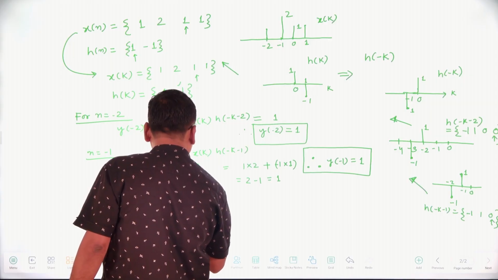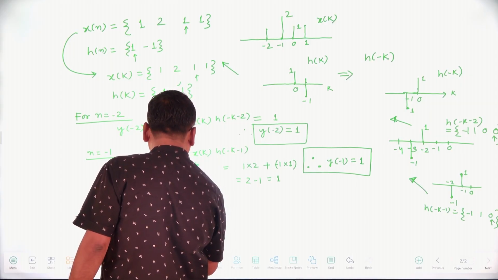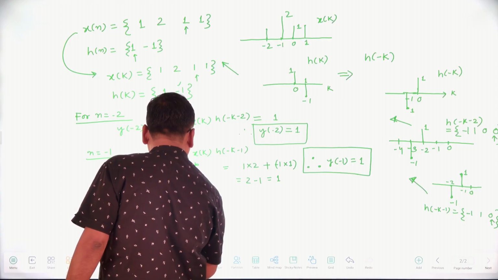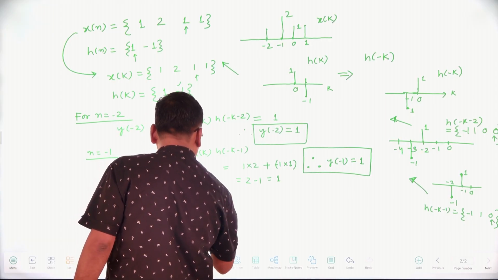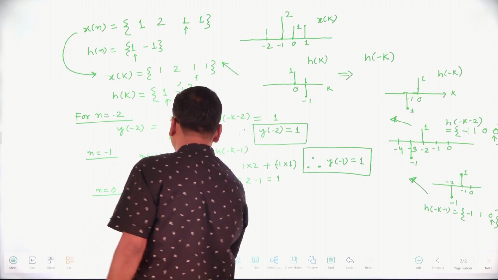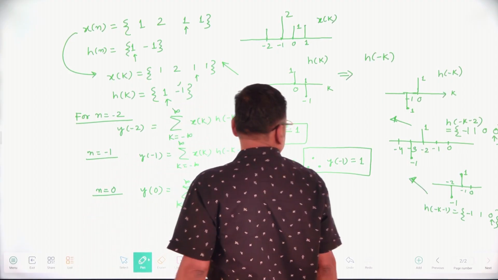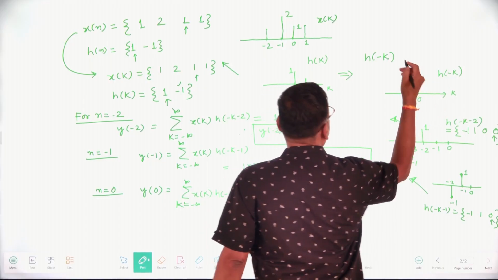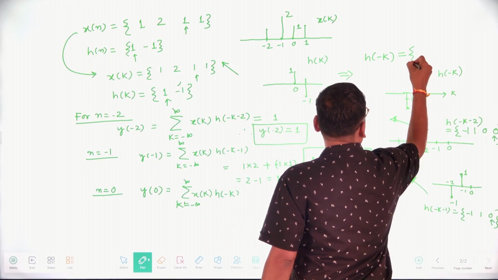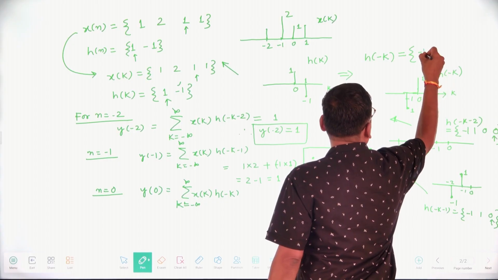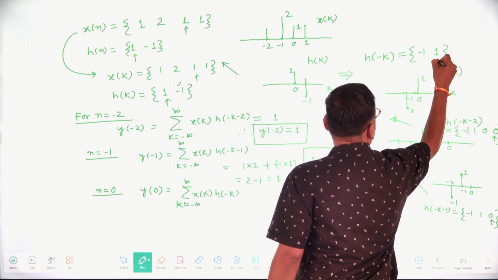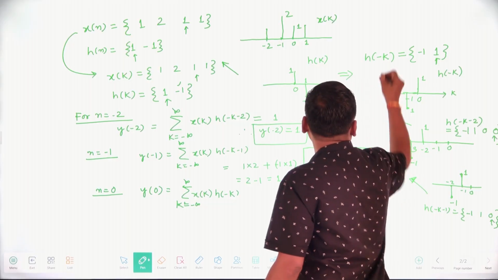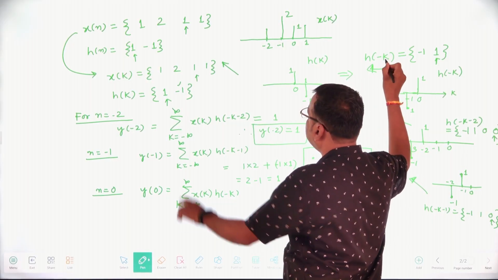So y of 0 equal to the summation over k from minus infinity to infinity of x of k into h of minus k, because n equal to 0. So h of minus k is already there here. H of minus k is your 1, minus 1 in sequence like this. You can multiply this with this.